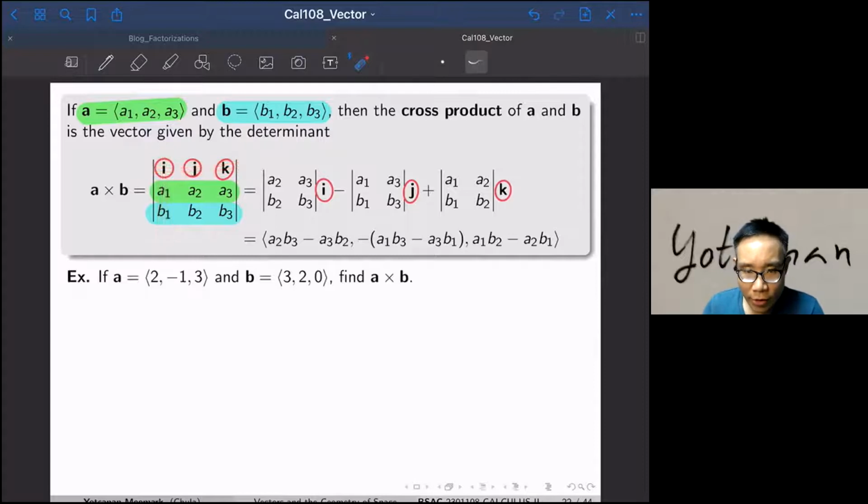For j, it's the row involving j and the column involving j. You end up with A1, A3, and B1, B3, and this corresponds to what you have left here too. Finally, for k, you cut the row and the column involving k, and you get A1, A2, B1, B2, which you write here.